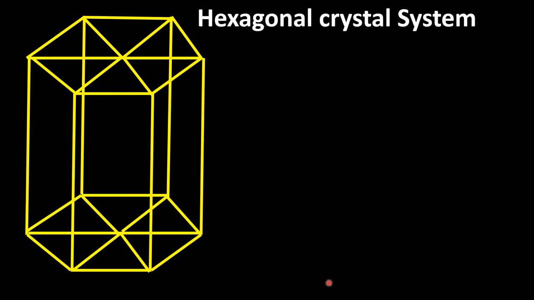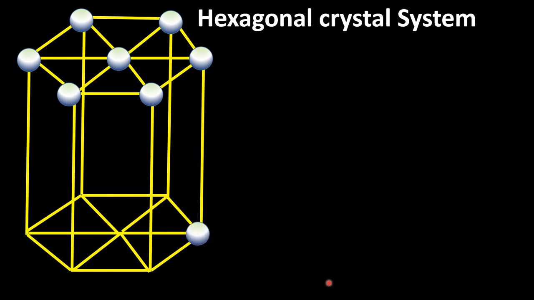Now we bring the atom to this hexagonal lattice. So it has the atom at each corner of the hexagon as well as the atom at the center of the hexagon.